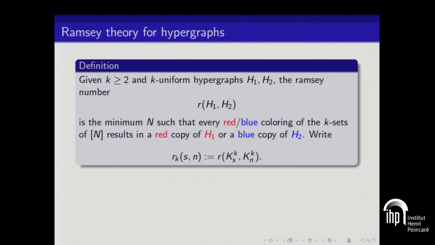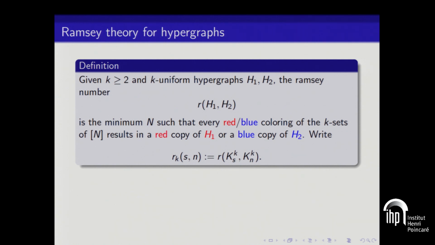The Ramsey number is the minimum capital N, such that no matter how you color the k-element subsets of the set 1 through N with red and blue, you get a red copy of H1 or a blue copy of H2. And of particular interest will be the case when H1 and H2 are both complete k-uniform hypergraphs.